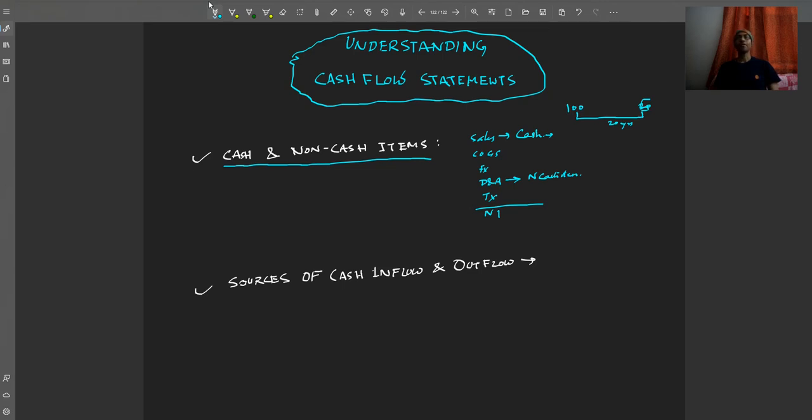Instead of subtracting 100 million in the beginning only, this item will be capitalized, which means the entire useful life will carry the cost of it in a distributed manner, which implies that depreciation and amortization is a derived item. It's not a cash item. It's a non-cash item. Similarly, an interest expense is a cash item. You have actually paid the interest, so it's a cash item. So like this, there are cash items and non-cash items both in the balance sheet and profit and loss statement.